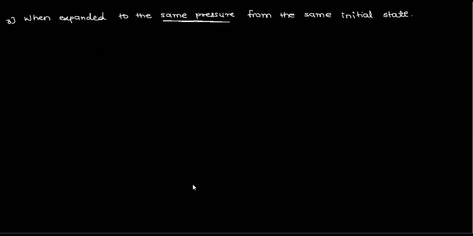Let's see. So here, this is pressure and I'm taking this side on the x-axis, that is volume. So what is going to happen? Let us suppose I have taken pressure on this y-axis and volume on this x-axis.